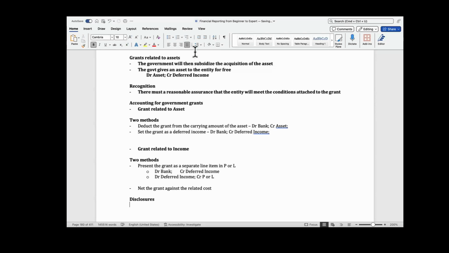I'm looking at where I will reflect it. Is it cash flow under investing activities or financing? I'm thinking it should be financing, but since I'm actually recognizing over time, how will I go about it in financing activities?